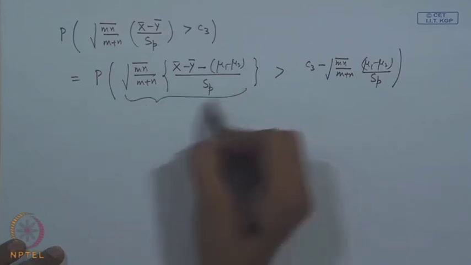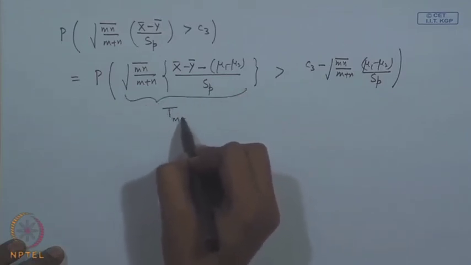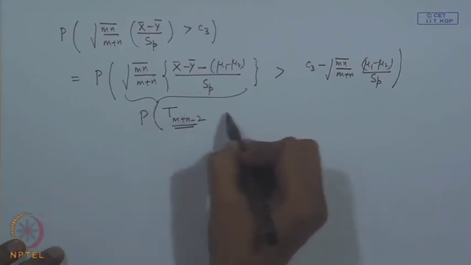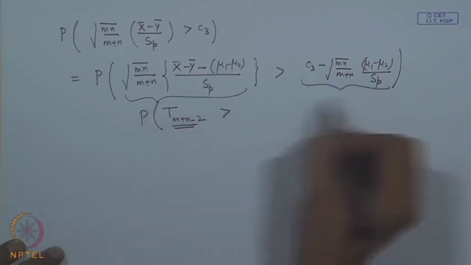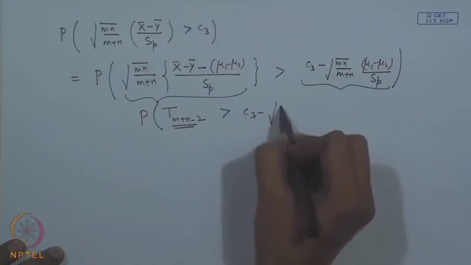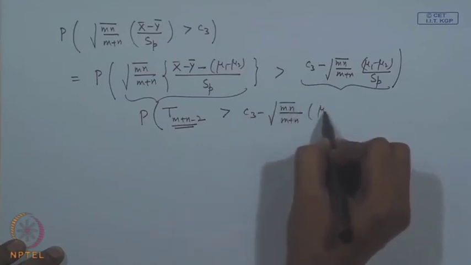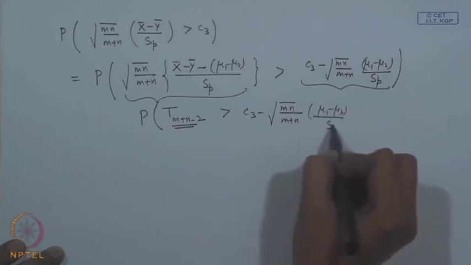Now, this is a t distribution on m plus n minus 2 degrees of freedom. So, we are saying the probability of a t variable is bigger than c3 minus root mn by m plus n times mu 1 minus mu 2 by s_p.